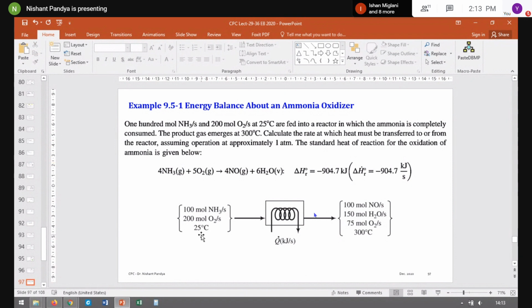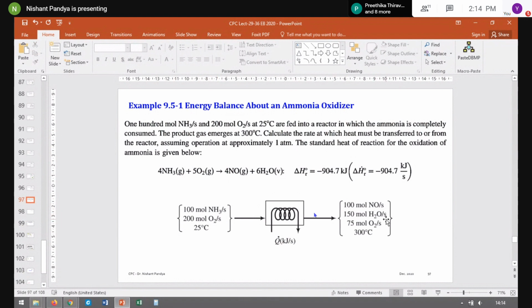So here you have initial enthalpy, you can take a reference state 25 degrees Celsius. Enthalpy of reaction is given. So you can take each molecule separately and define reference state. So one convenient way you can do here is simply take the NH3, ammonia, O2, what else you have?